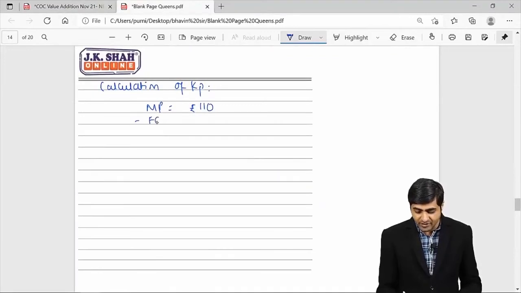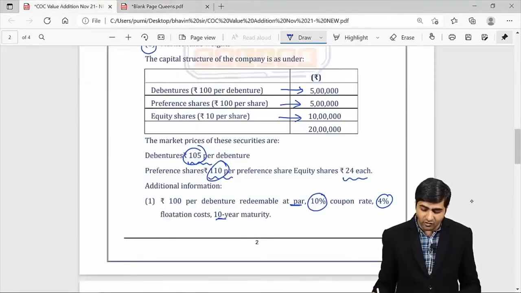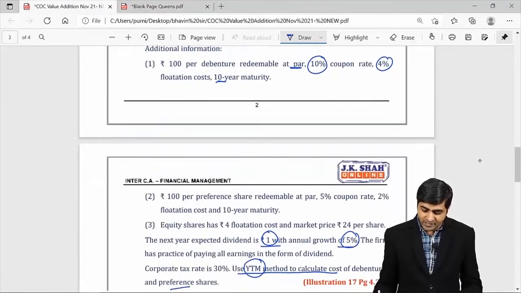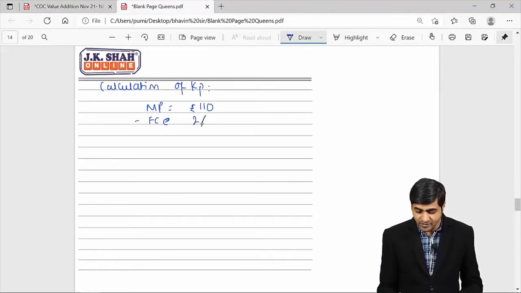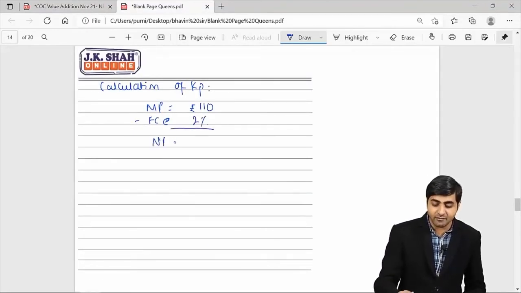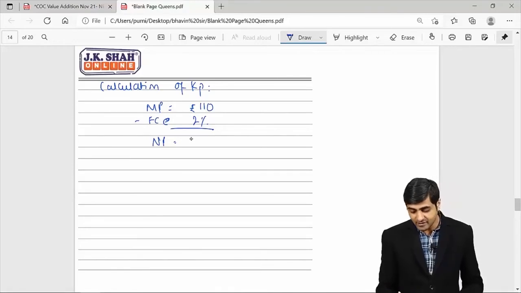From this I'll be subtracting the flotation cost, which is 2%. So we'll subtract 2% from 110, and we'll get the net proceeds, 110 minus 2%, that's nothing but rupees 107.8.